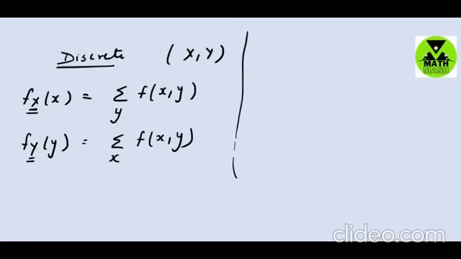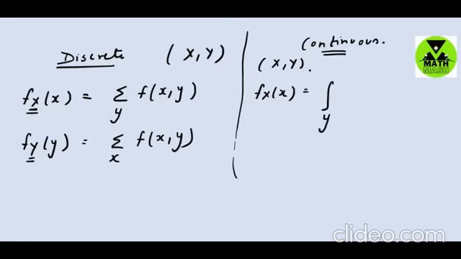Now, for the case of continuous, when x and y are two-dimensional continuous random variables, then the individual densities, that is f_X(x), since it is a continuous case, we use integration. Integrate over possible values of y. And what is the joint probability density function? This is f(x, y).